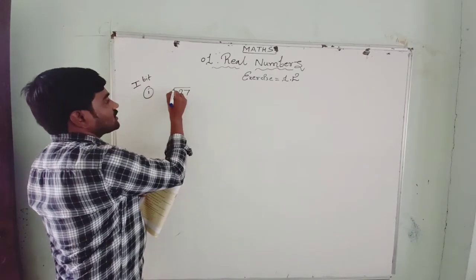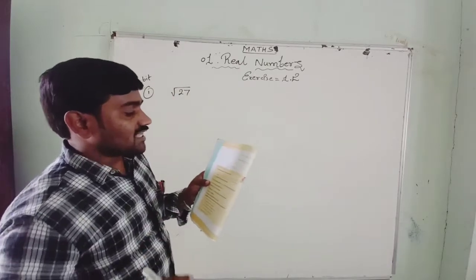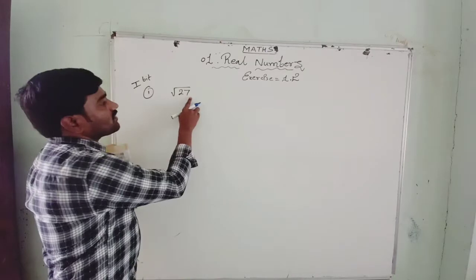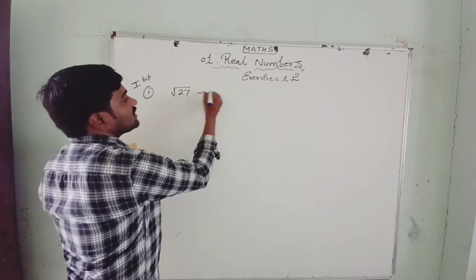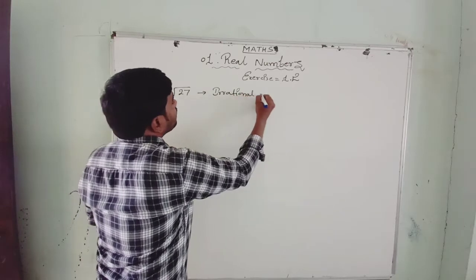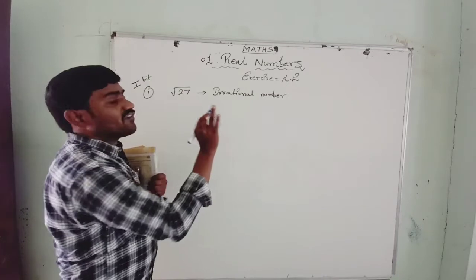This is the square root of 27. Classify the following as rational or irrational. It is an irrational number. Why? Because the square root of 27 is not a perfect square.